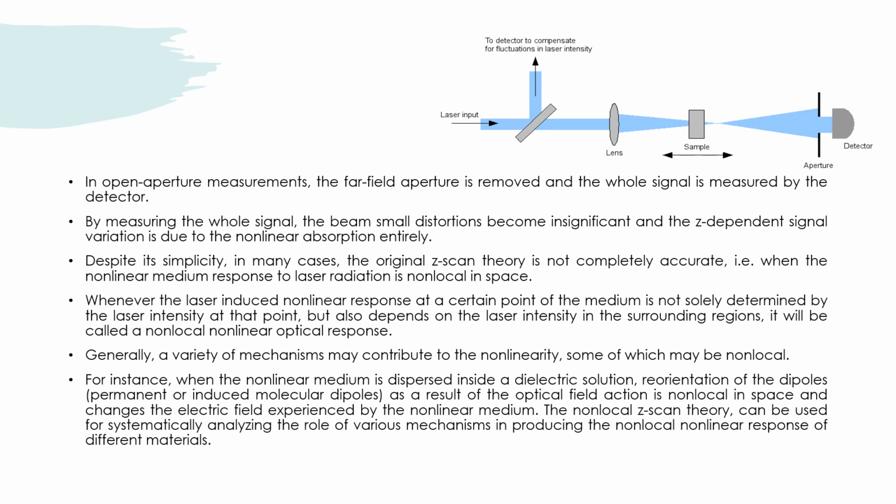The non-local Z-scan theory can be used for systematically analyzing the role of various mechanisms in producing the nonlocal nonlinear response of different materials. And this is a picture of the Z-scan. Here is the sample, and this is the lens. A laser comes in this way. This is the detector. So this is the Z.